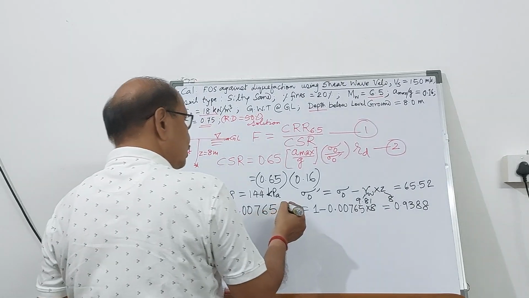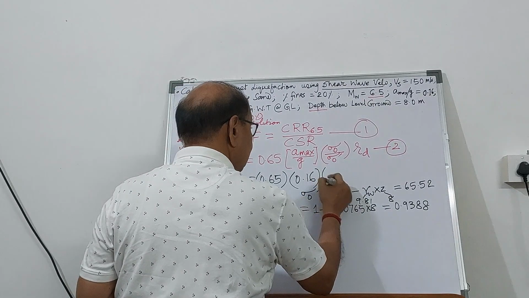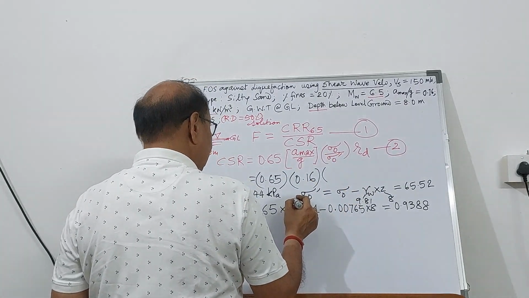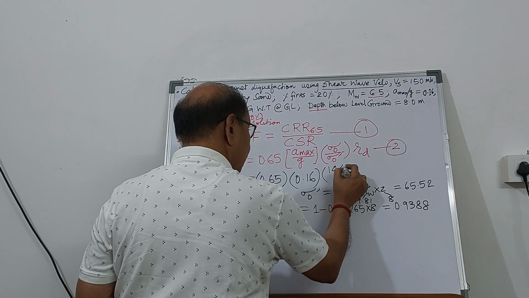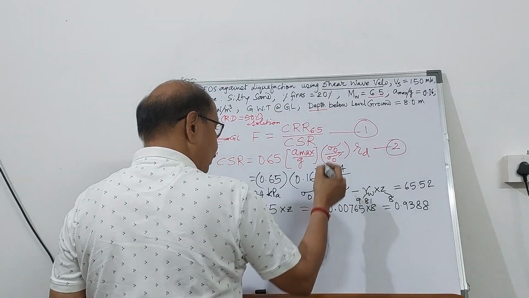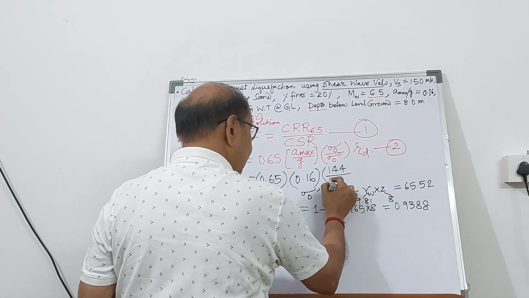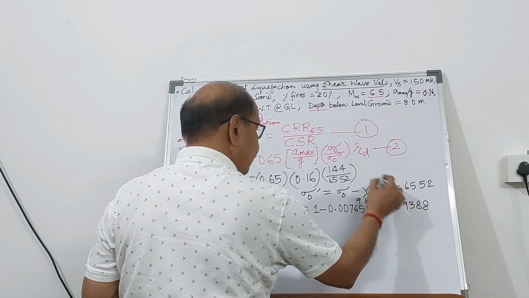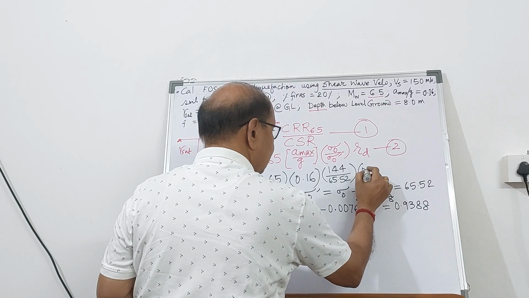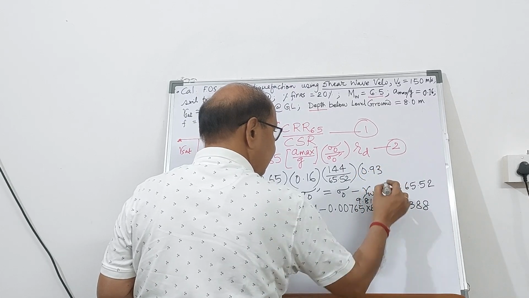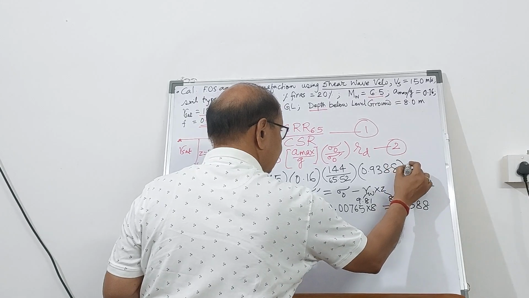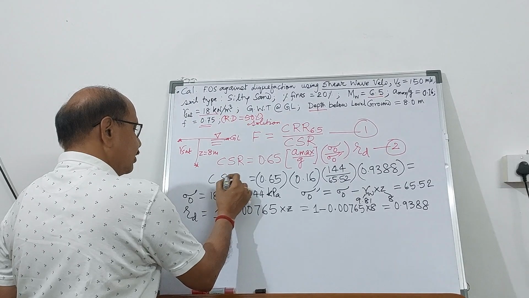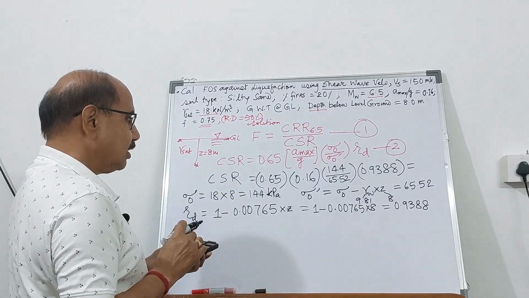So now all the values are before us. We can substitute in equation 2. Sigma naught is 144 and sigma naught prime is 65.52 and the reduction factor is 0.9388. Therefore, the value of cyclic stress ratio CSR can be computed.